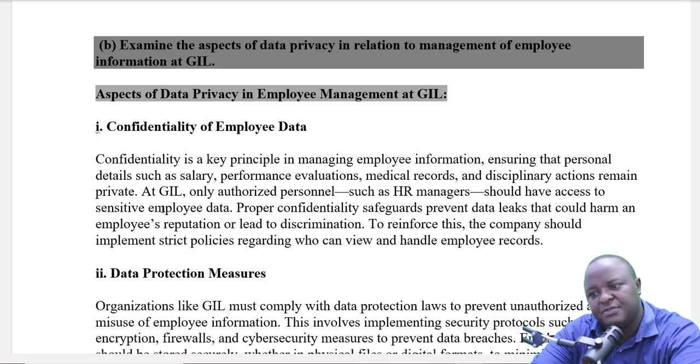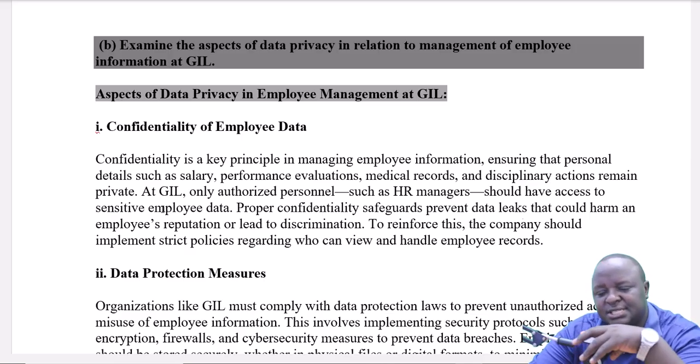First, we have the confidentiality of employee data. Confidentiality is a key principle in managing employee information, ensuring that personal details such as salary, performance evaluation, medical records, and disciplinary actions remain private.